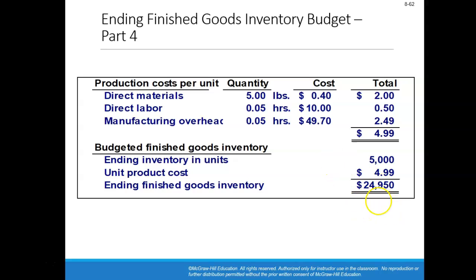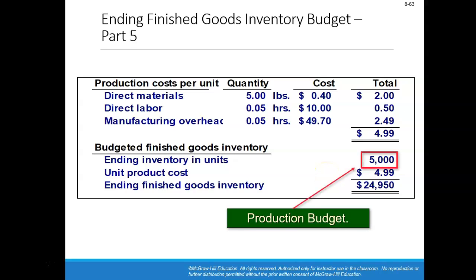So our ending finished goods inventory has a total value of $24,950. So we expect to have a total of 5,000 units available at the end of the second quarter. Our product cost per unit is $4.99. Therefore, the total value of our ending finished goods inventory is $24,950.